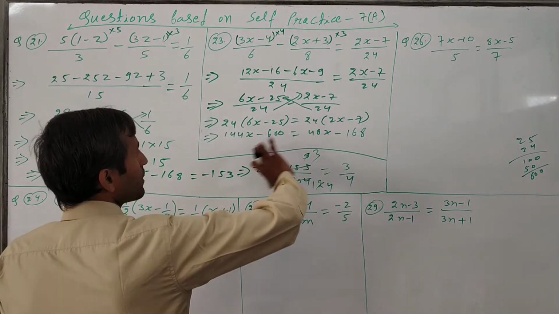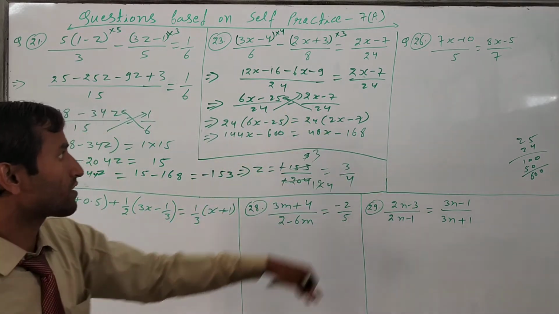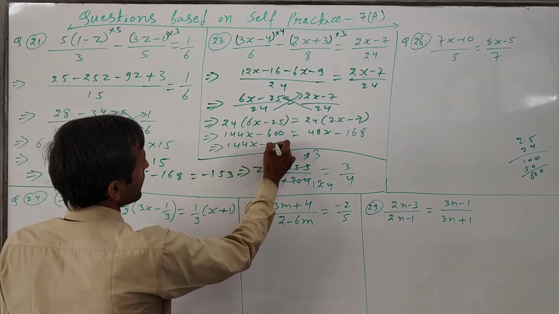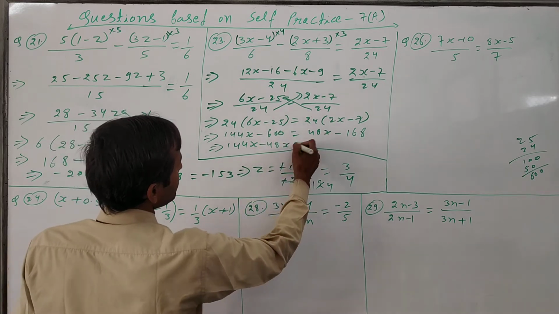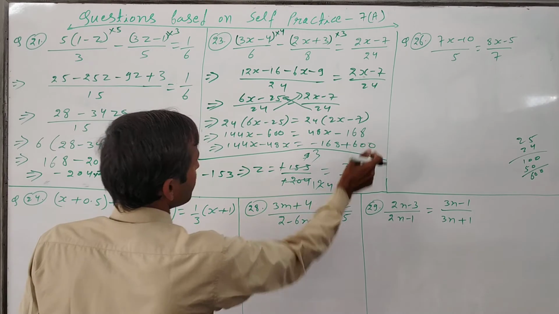After that we arrange like terms, with variables on this side and constants on that side. So 144x minus 48x, and this 600 will go to that side, then minus 168 plus 600, because the minus sign becomes plus.